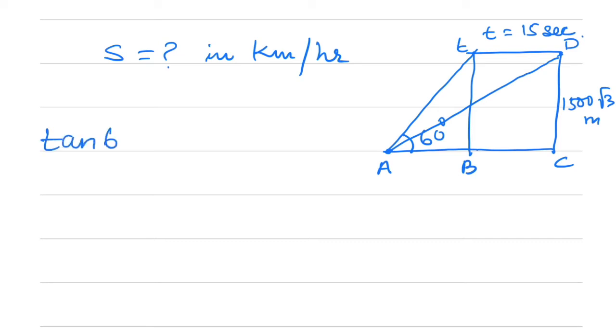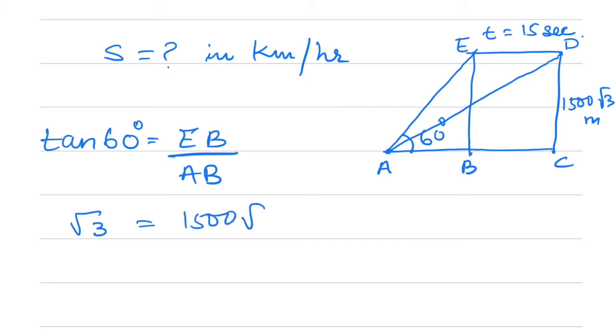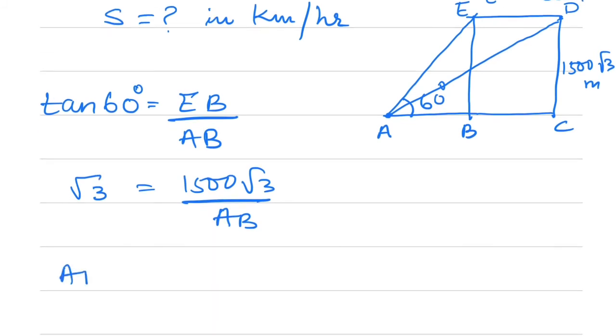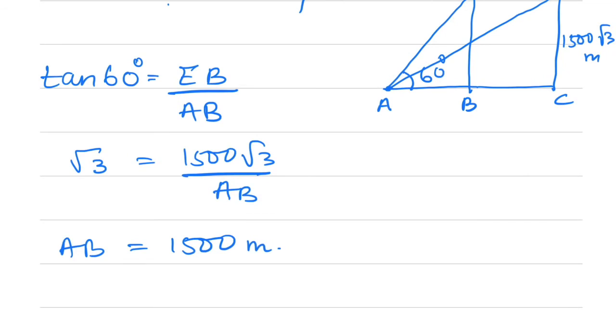Tan 60 degrees is equal to EB by AB. So tan 60 degrees is root 3 and EB is 1500 root 3 by AB. So AB is equal to 1500 meters.